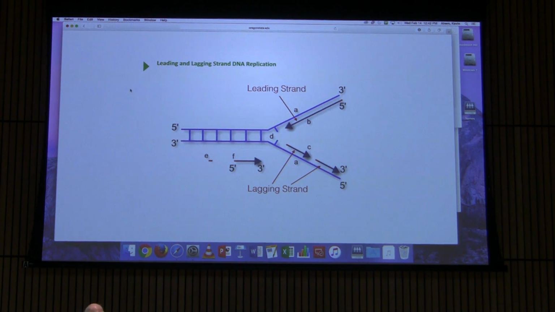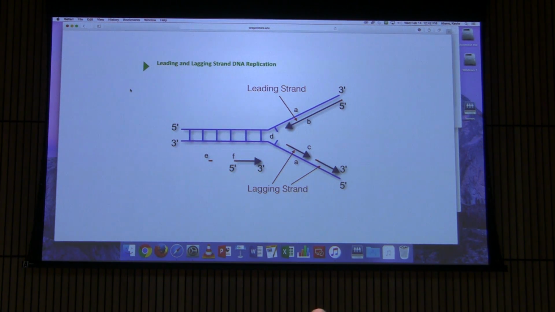And then it starts another one. And then it starts another one. And then it starts another one. So the lagging strand synthesis in pieces occurs because replication can only go 5' to 3', and the strands have got to be anti-parallel.